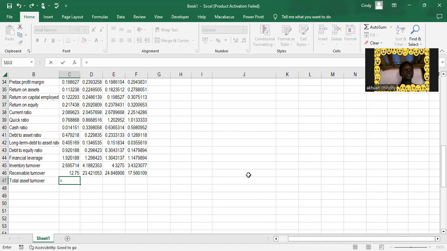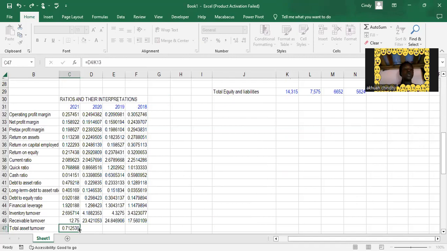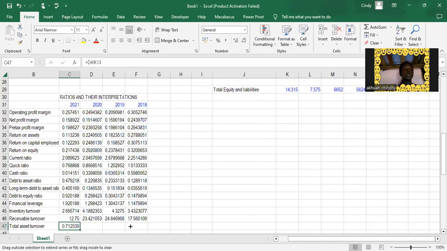So we pick up total assets from the balance sheet, pick up our sales from the income statement, then we divide by our total assets, because for a turnover the assets become the denominator.